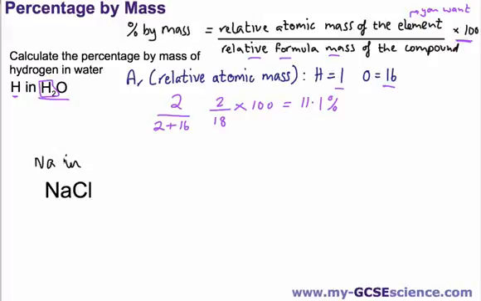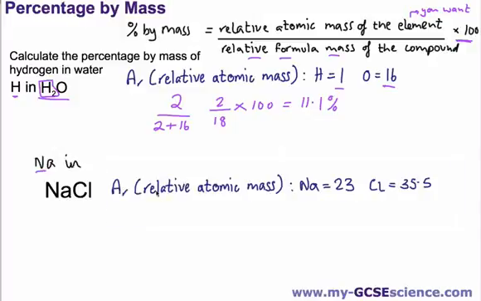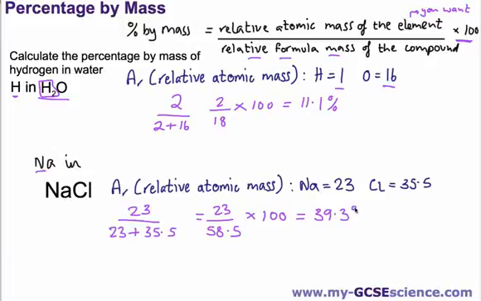So I want to work out the percentage by mass of sodium in sodium chloride, and again we need that extra bit of information, and that is the relative atomic masses of the atoms, and we want Na in NaCl, so that would be Na, the relative atomic mass is 23, and that's divided by the relative formula mass of the compound, so that would be 23 plus 35.5, which is 23 over 58.5, I think that's right, times it by 100, and then we get 39.3%.